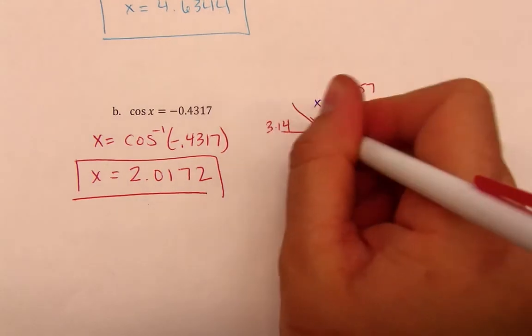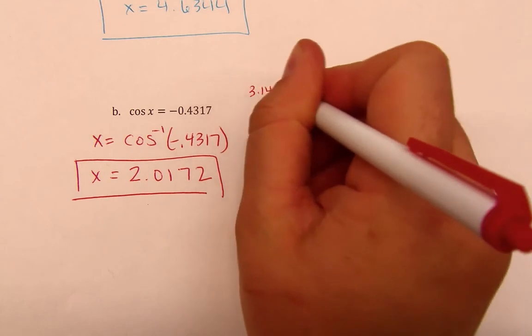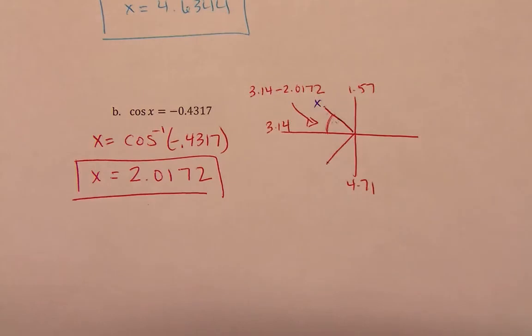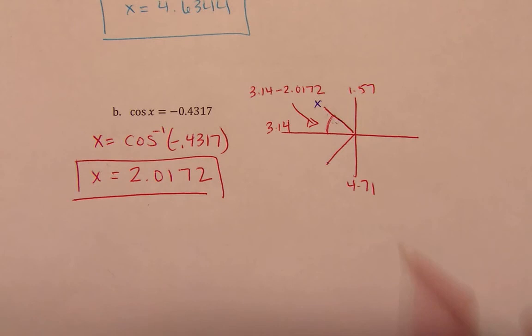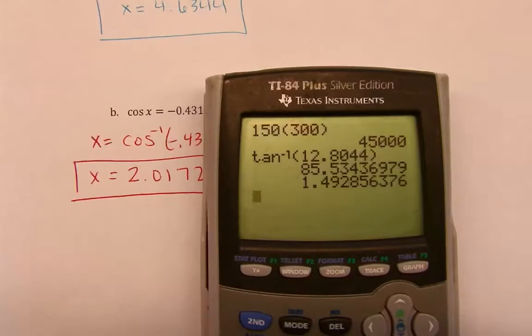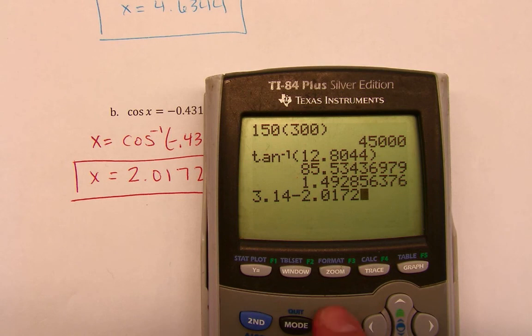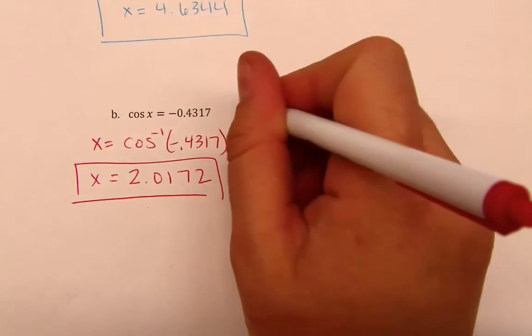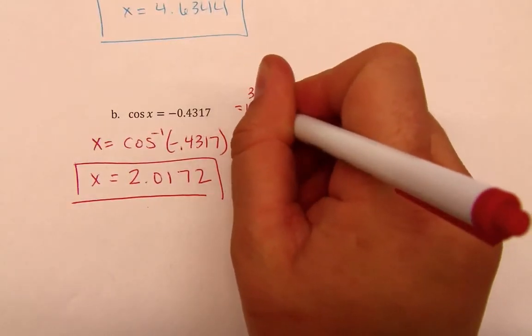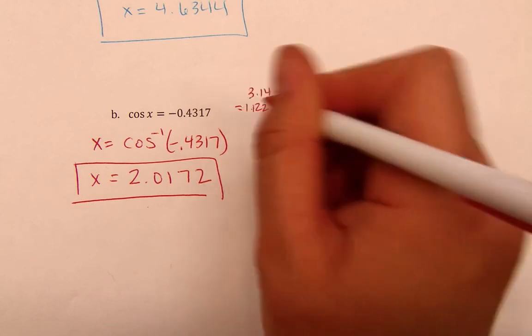So this would be 3.14 minus 2.0172. And that gives us 1.1228.